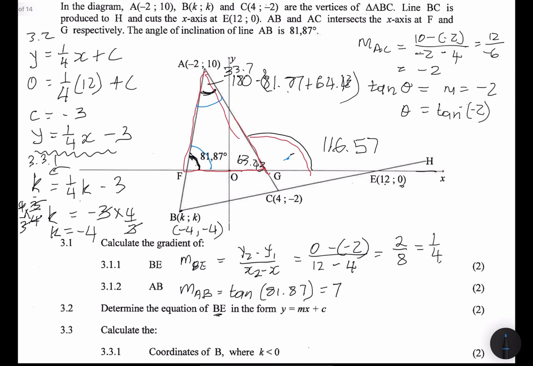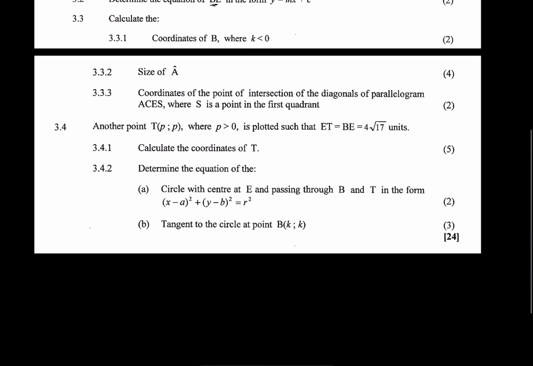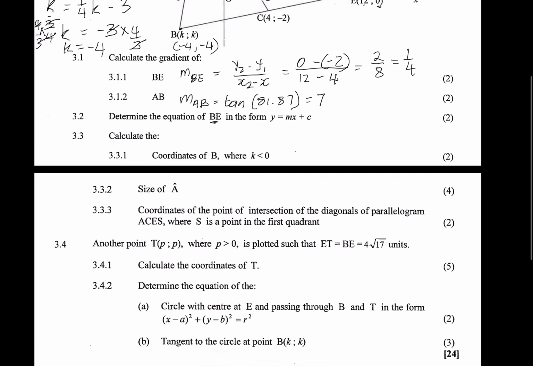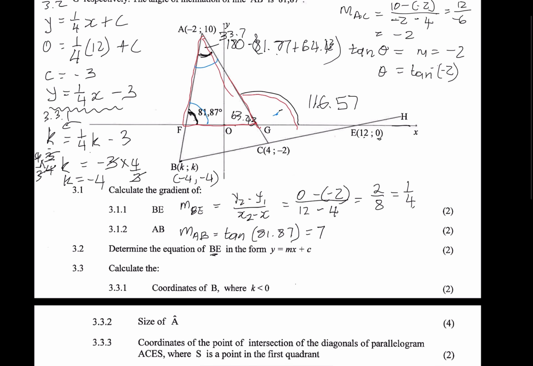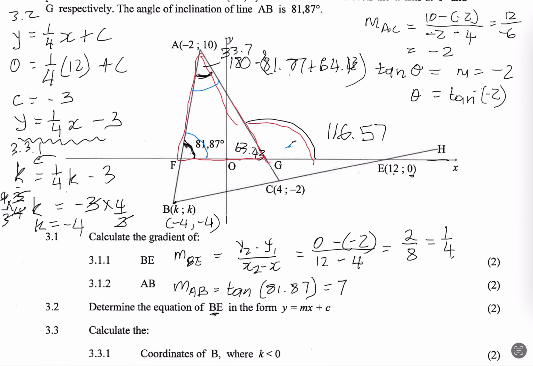Right, and moving very swiftly along. They say find the coordinates of the point of intersection of the diagonals of the parallelogram ACES, where S is a point in the first quadrant. Now, going back to our diagram, we've actually made quite a mess of it.